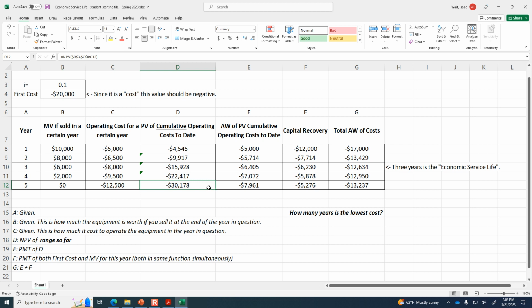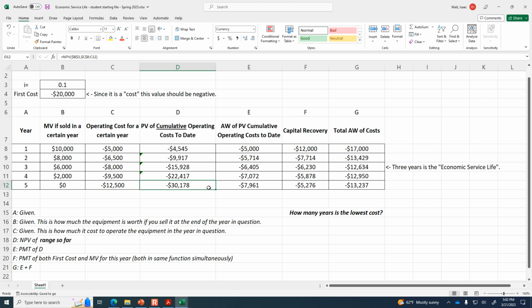All right, so if we convert that to a single lump sum, that is column D. So you take all these amounts to just a single lump sum, then that's column D. And then column E is, let's find out for that lump sum, what is the equal amount every year.